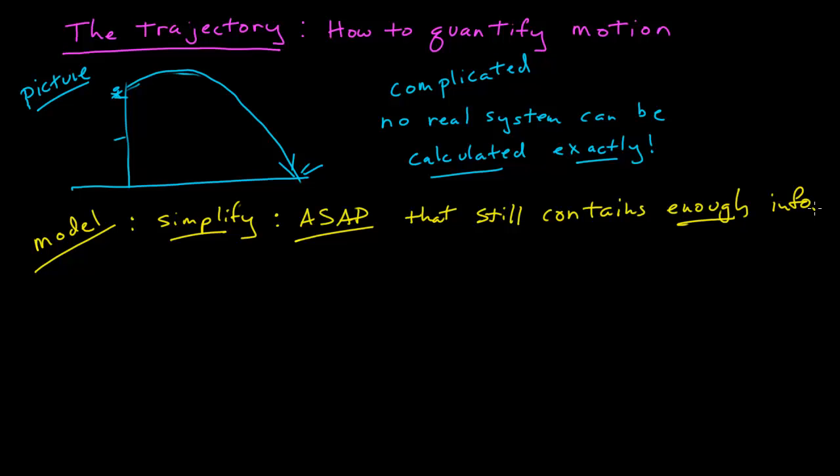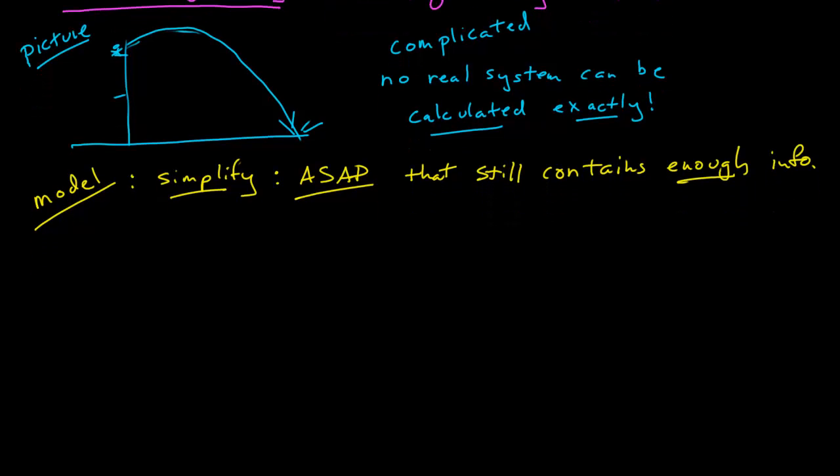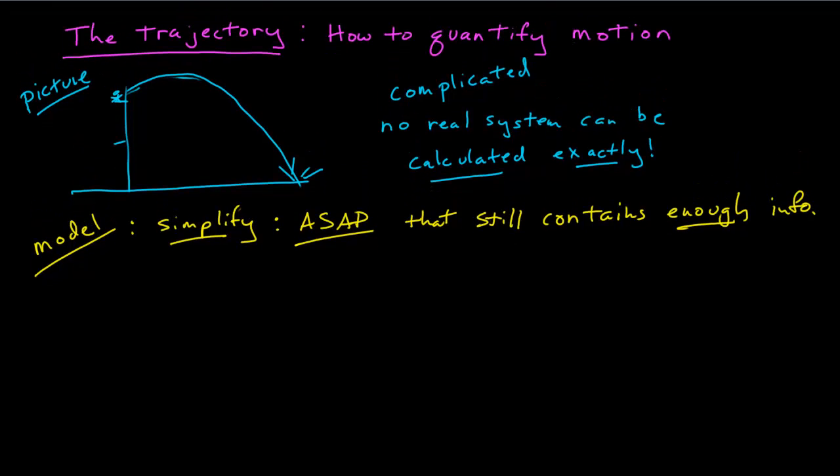Well, how much is enough? That's part of what we're going to be teaching in this course. You need a model simple enough that it contains the essential physics, but not any more to make it too complicated. So if that sounds vague, we're going to be talking about that more as the course goes along.